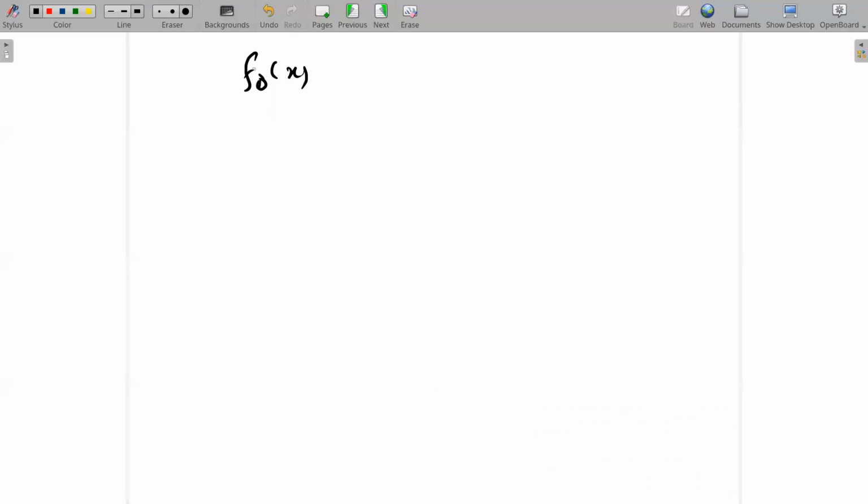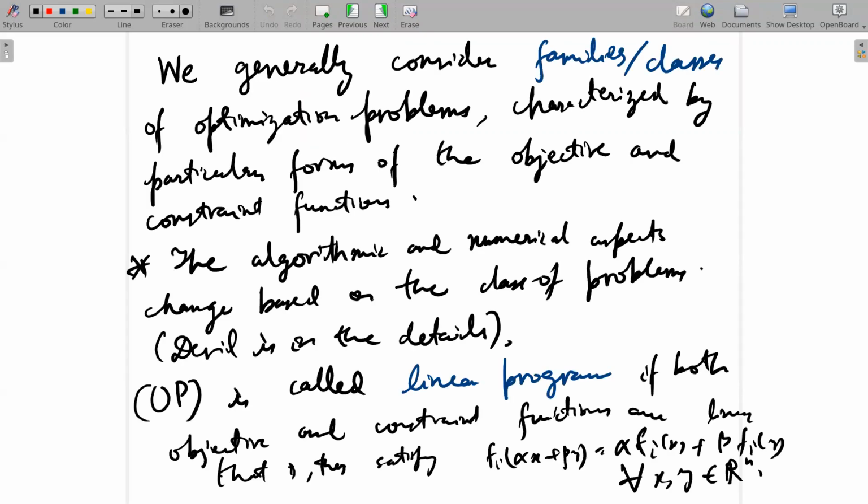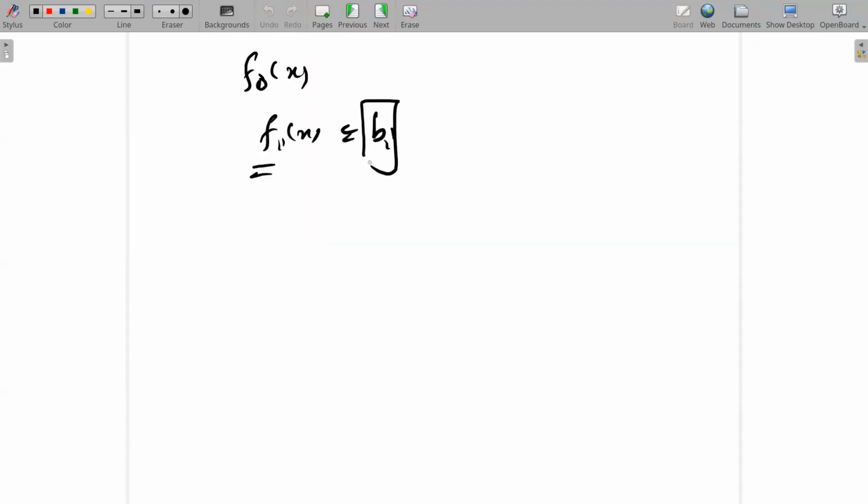You can always linearize it. And if I have a constraint like fi of x is less than or equal to bi, and this is affine linear, whatever is the translation part, I just move it to this bi. So although I'm calling it linear program, it is exactly equivalent to saying it is affine linear. That would be just like a change of coordinates, like a translation.